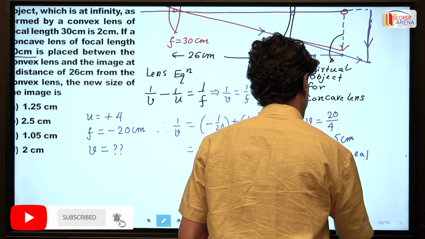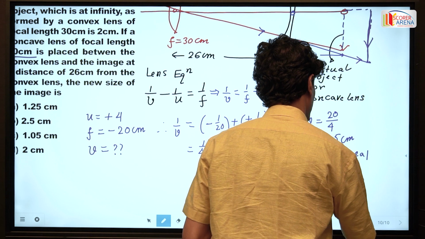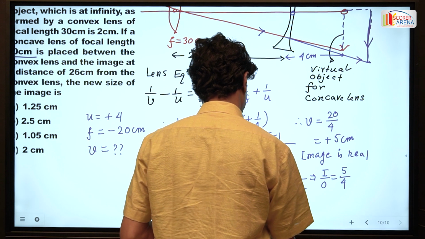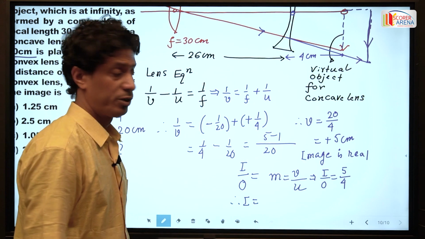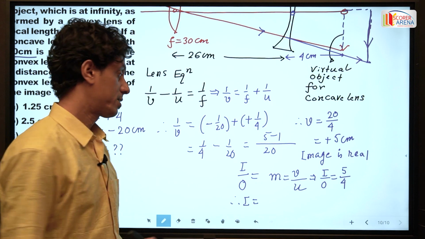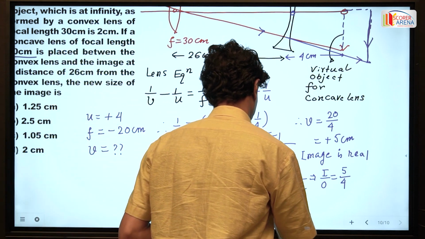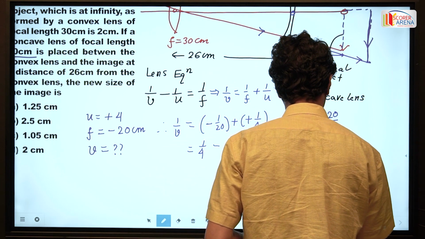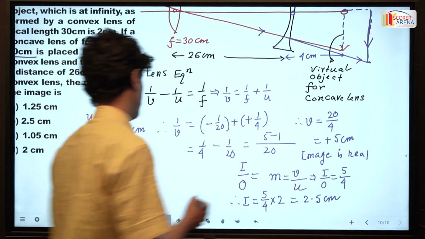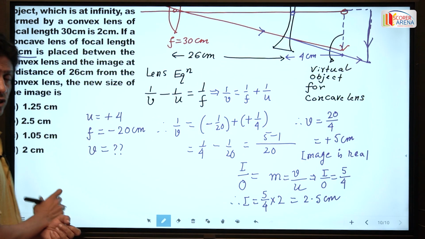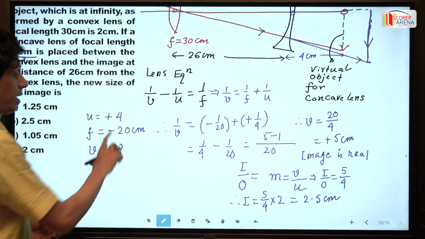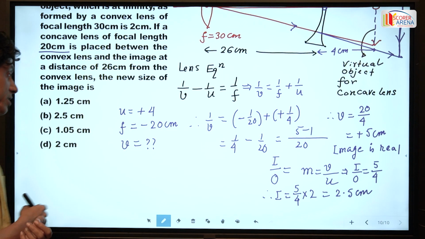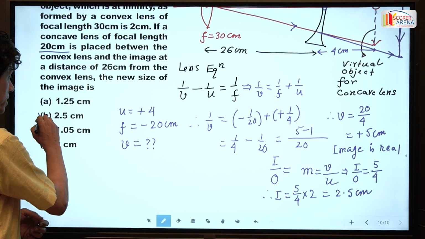So therefore I by O is equal to 5 by 4, and the size of the image finally formed by the combination of these two lenses is 5 by 4 into 2, so therefore it is 2.5 centimeter. So the final image is 2.5 centimeter, and the nature of this image is real. So the right option here is B.